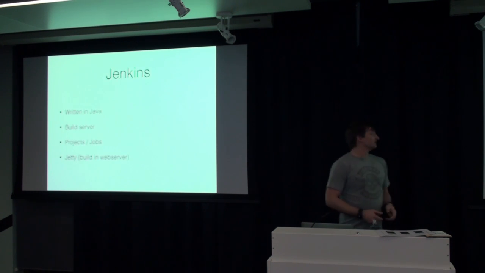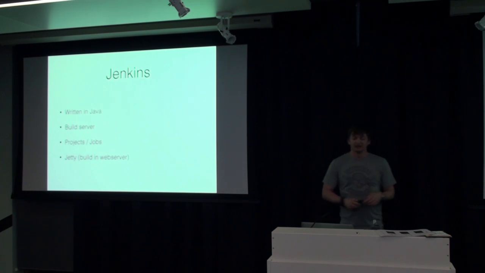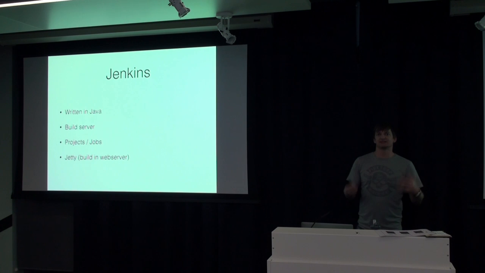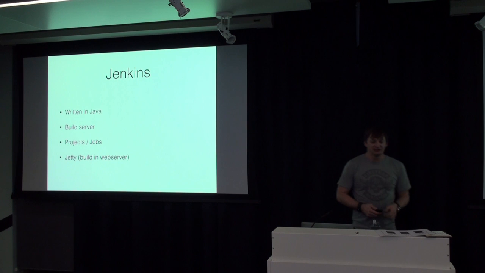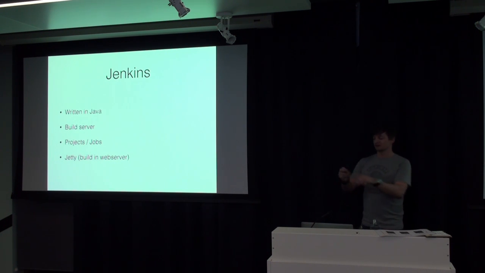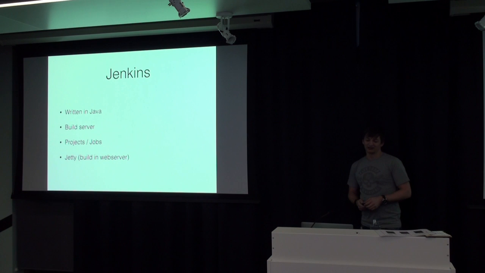So Jenkins is written in Java. It's a build server. And you're doing the configuration stuff in projects. And the project is basically a job you want to execute. And it's coming with a Jetty, so a built-in web server. So you download the jar file, run java -jar jenkins.jar, and it's firing up a web server. Maybe not the best way to install it, but that would work.